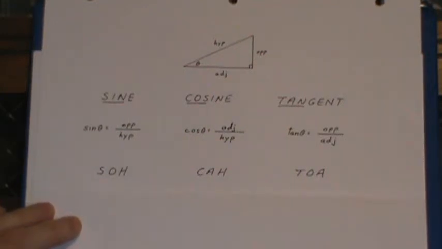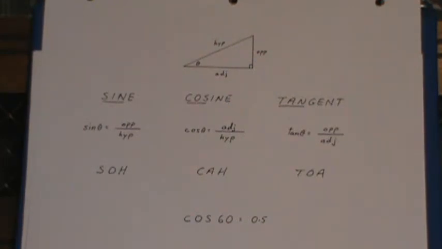Now, before we start with an actual example, if you're using a calculator doing trigonometry, this is one thing you could do to test whether or not you're doing everything okay. First of all, make sure your calculator is set for degrees. Sometimes it could be set on something else. Make sure it's degrees. If you enter cos 60 and then equals or enter, you should get 0.5.